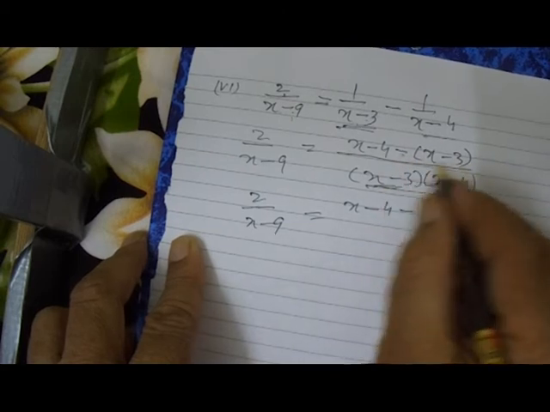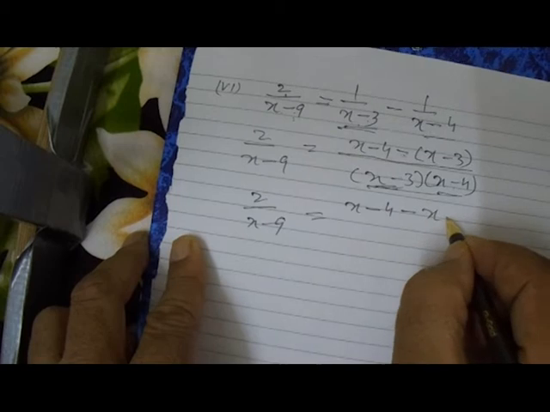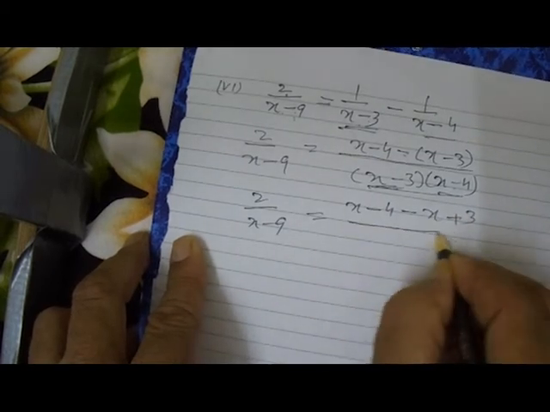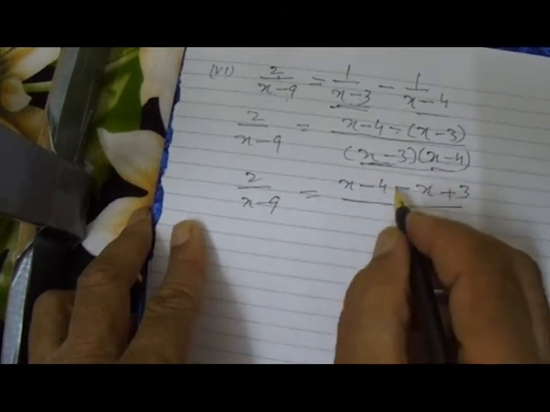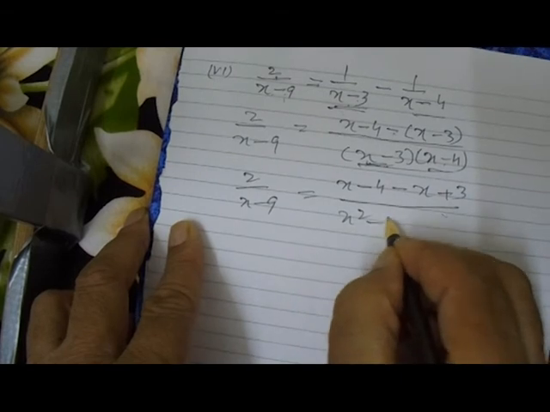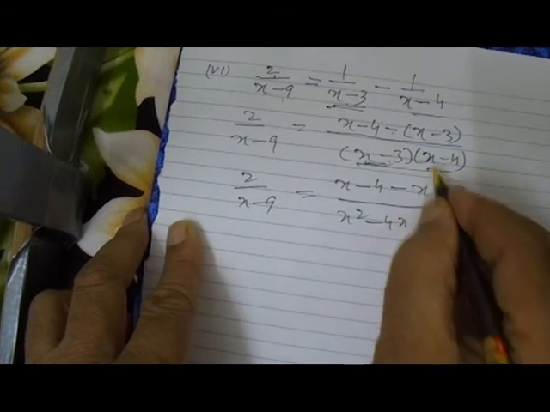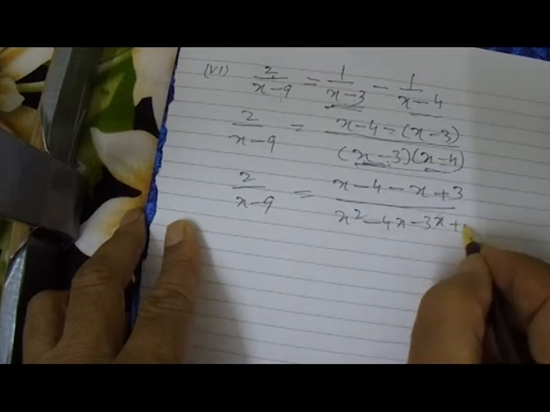This multiplied again in brackets, we open the brackets, and x minus x and plus 3. Now we write here in the denominator, we also multiply this, and x square and this minus 4x, and again this minus x minus 3x, as minus 3 times minus 4 we write plus 12.